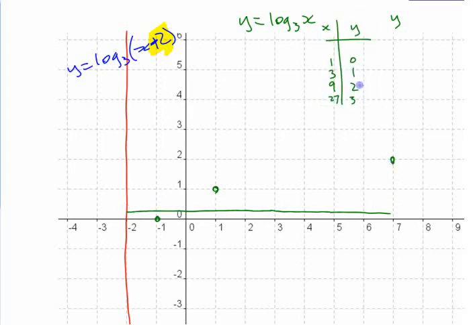If you're more of a numbers person, you can say this is the table for this. If I have to move that whole thing to the left, all the x values are going to be 2 lower, right? So instead of those values, I can just cross them out and say this is going to go 2 to the left, that's going to go 2 to the left, that's going to go 2 to the left, and this one's going to be off my grid, but it would be 25.